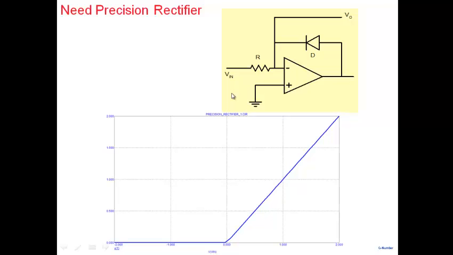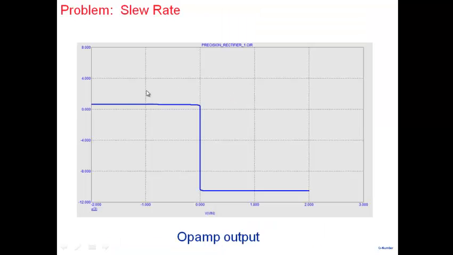So when you apply a sinusoid, the op-amp output is switching from, let's say, 0.7 to minus 12. So in a cycle, during the negative cycle, the op-amp output is at say 0.7, and during the positive cycle of the sinusoid, the op-amp output is at minus 11 or so.